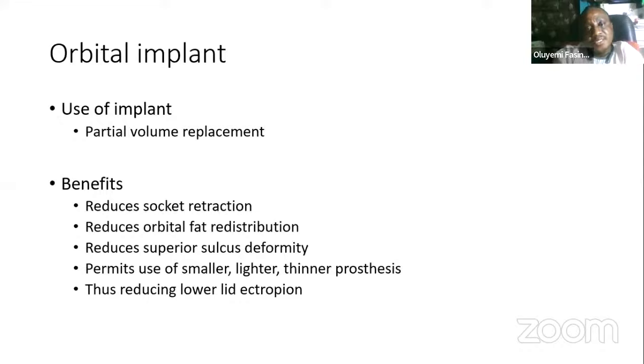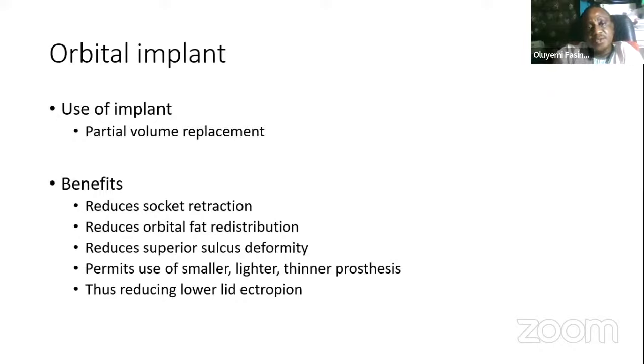Also, there is redistribution of the orbital fat, which now sinks inferiorly, leading to a more accentuated superior sulcus deformity. So all this will ultimately affect the cosmetic effect that you can get following prosthetic wear in these individuals.